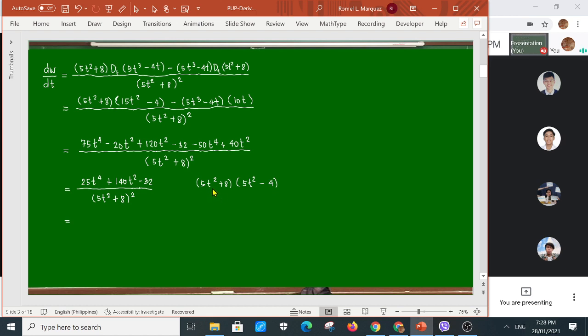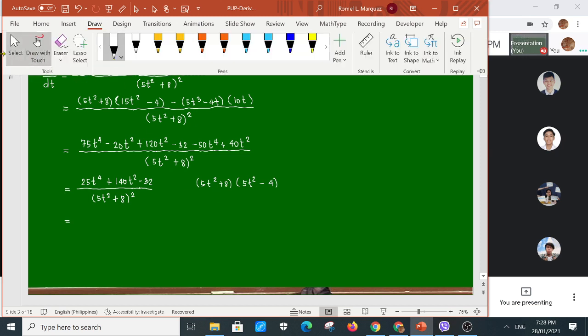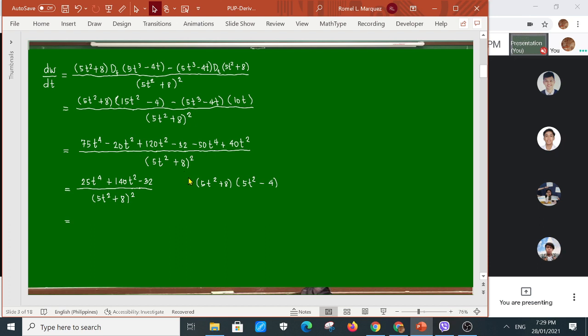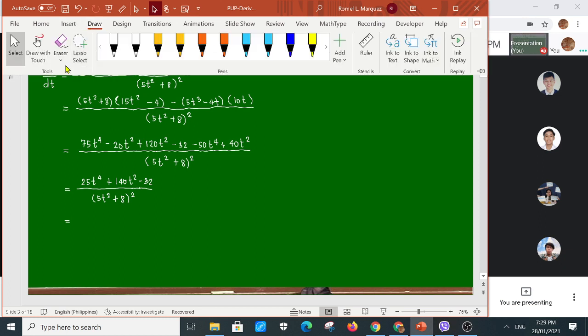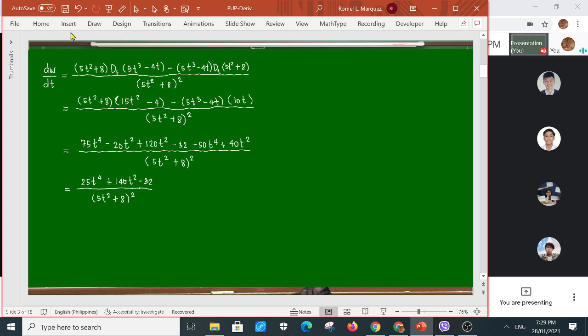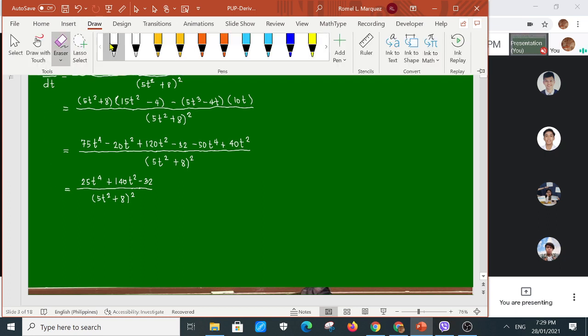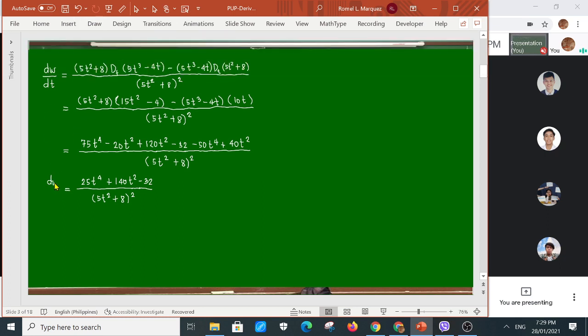Negative 20. Hindi, no? So, it means, this is not factorable with factor 5t squared plus 8. Hindi. Okay, guys? Hindi siya. Yan. So, no need to factor. Okay? That is the derivative of w with respect to t.